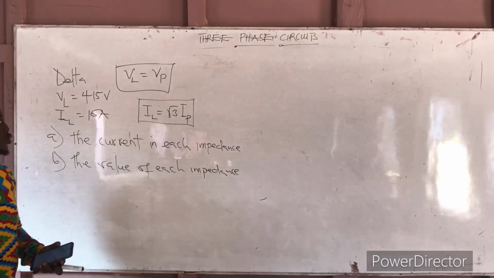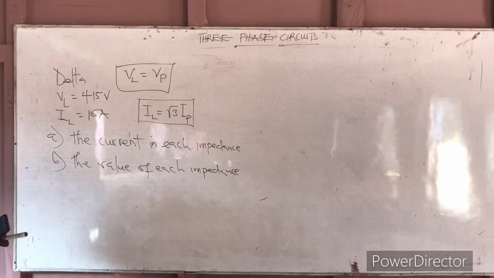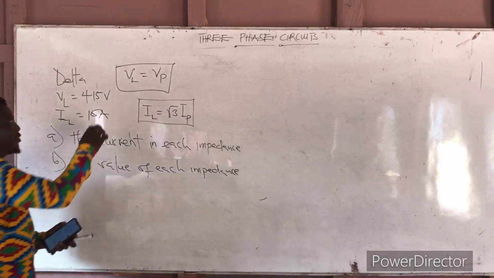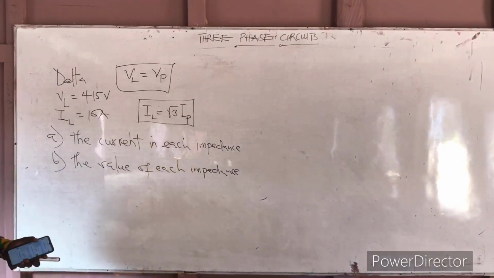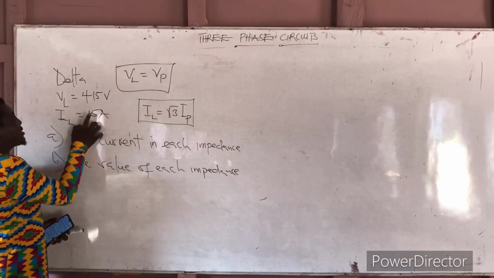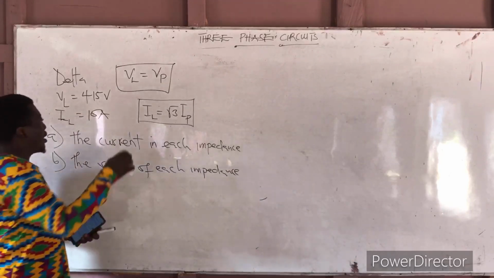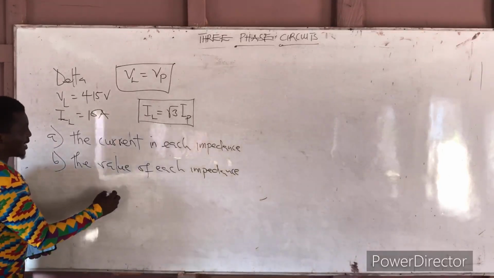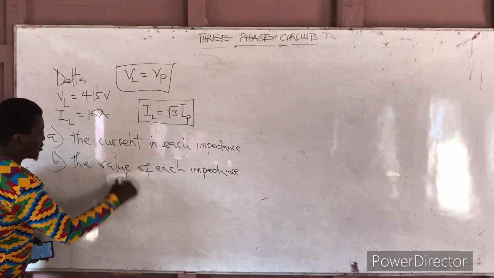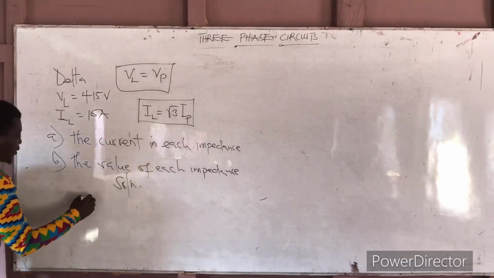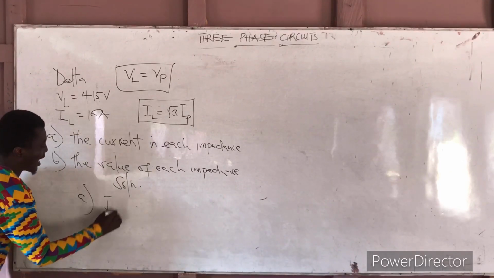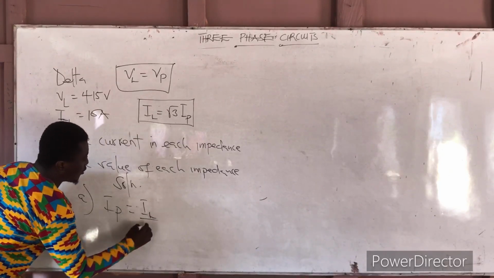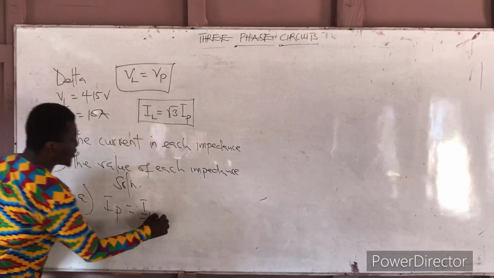If these are the two conditions that we need to solve this question, they've given us the VL, so already we know VP is also 415. But they've given us IL. How can you get IP? To get IP, we can say, solution A: IP is equal to IL over root of 3.